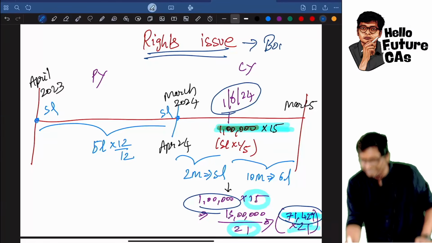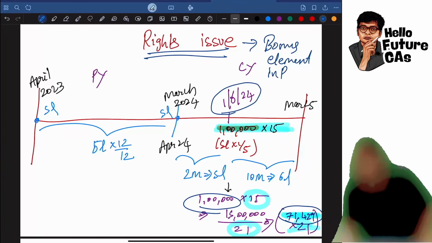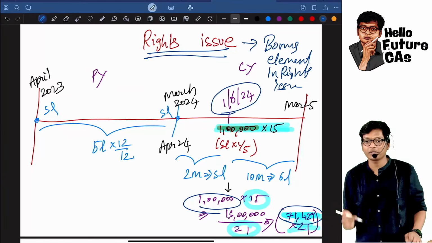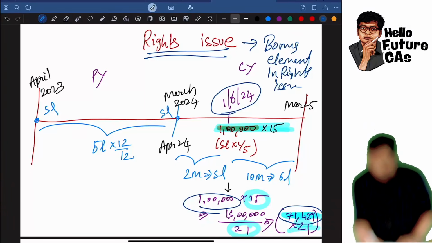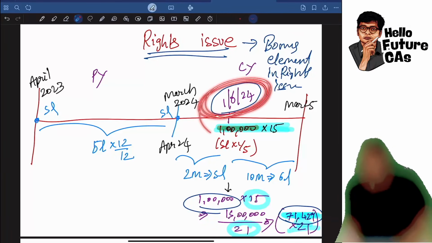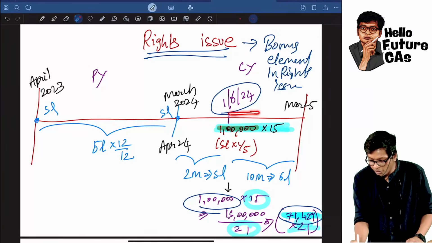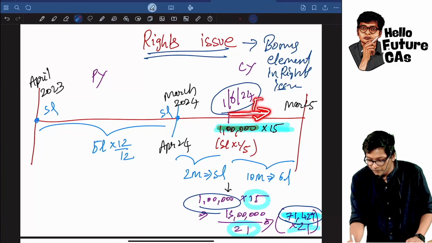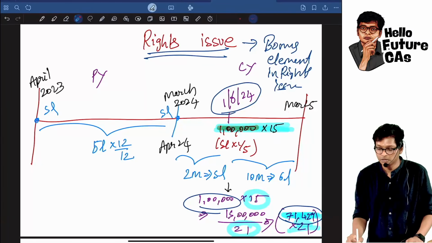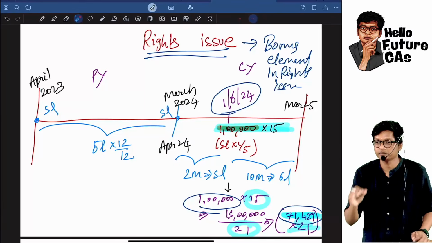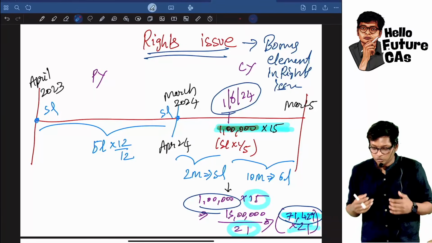That free element I call the bonus element in the rights issue. Are you following, guys? So that bonus element in the rights issue is there on 1st June. After 1st June, the free element is given, but before 1st June, the free element is not there. Are you following, guys?